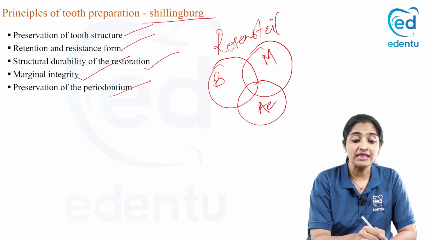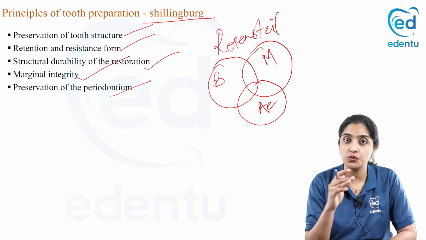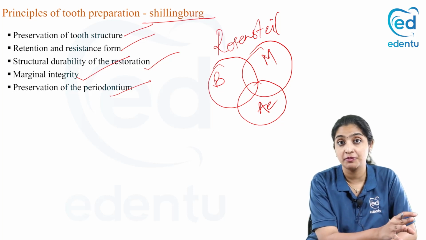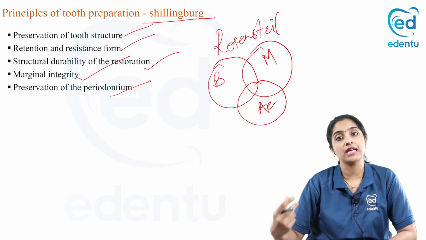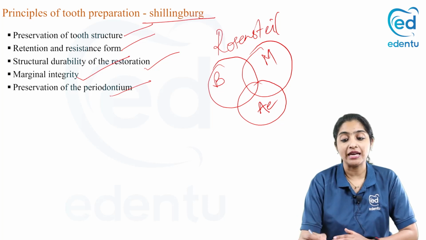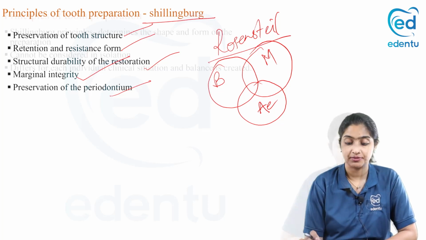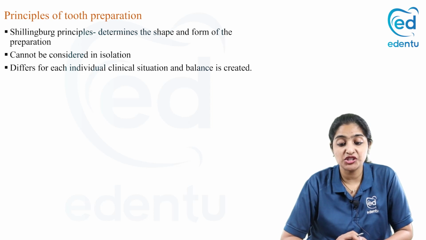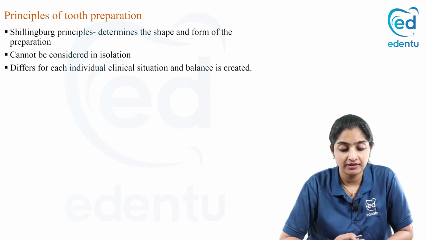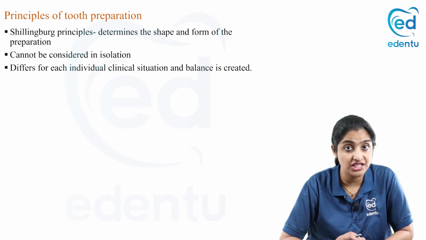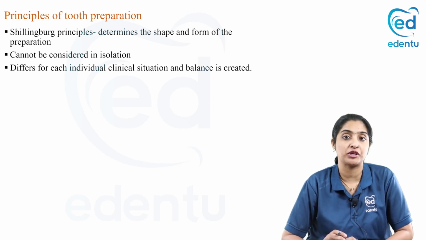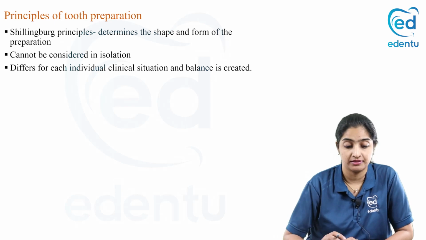Now, the same 5 headings were separated as biological principles, mechanical principles and aesthetic based. So, that was given by Rosenstiel. Now, Shillingburg's principles determine the shape and form of the preparation. They cannot be considered in isolation, and differ for each individual clinical situation, and a balance is created.